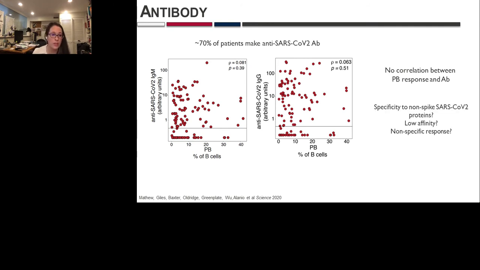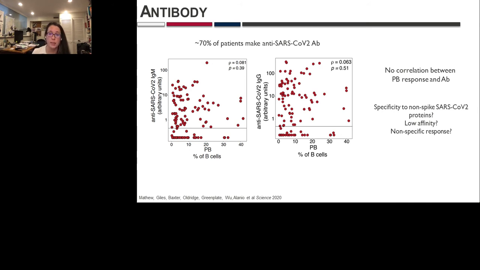There are probably many different reasons for this. The first, most obvious one is we were only looking for antibodies directed towards the spike protein, so these plasmablasts may be specific for another viral protein. These plasmablasts also may be lower affinity, so they may be specific for spike, but just below our level of detection for our serologic assays.